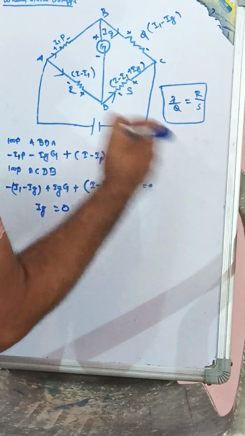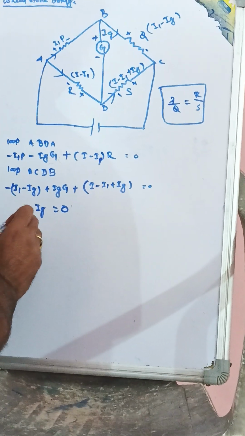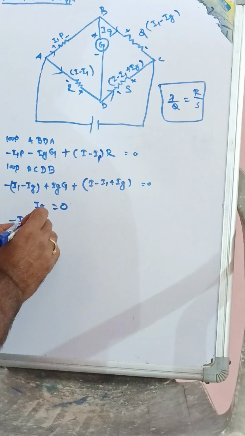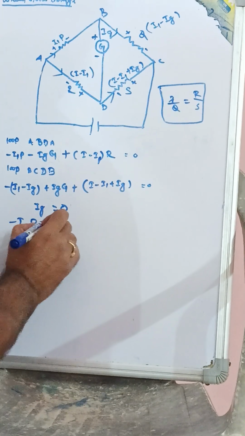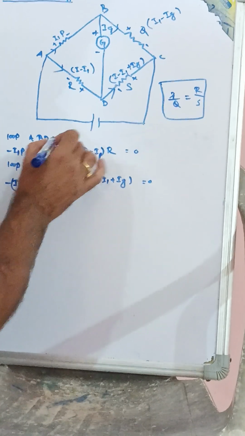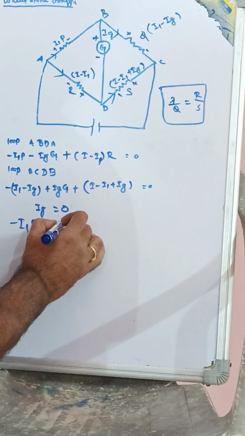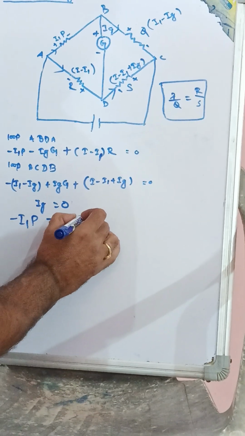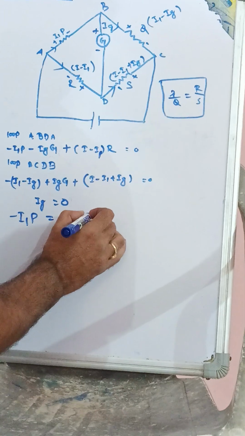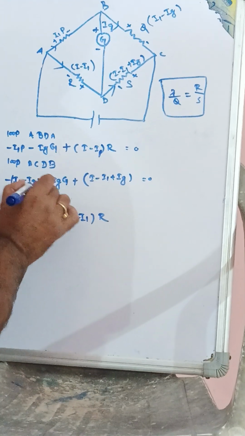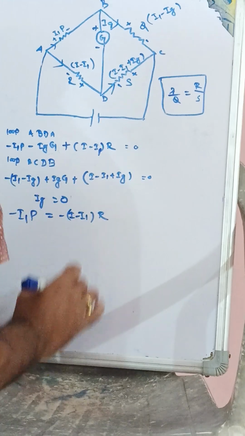Then we know all these things, so we have to write in this way. I1 P, Ig G will be 0, that is Ig is equal to 0, is equal to minus (I minus I1) into R. Then the other equation will be 0.